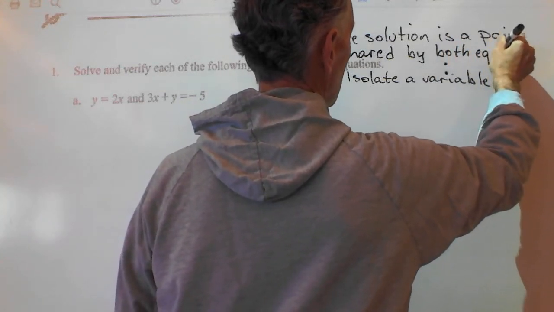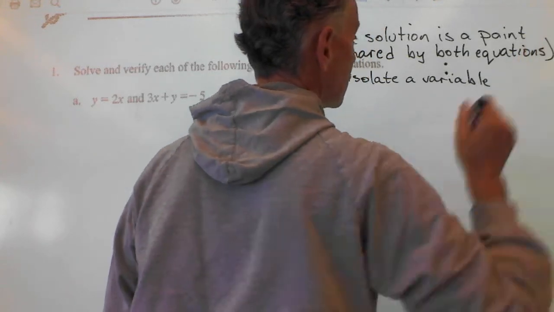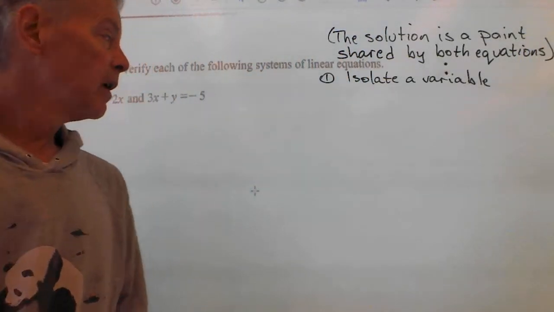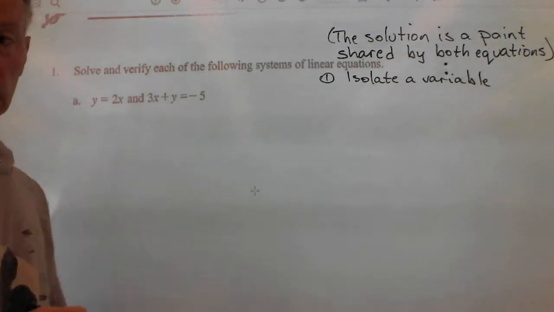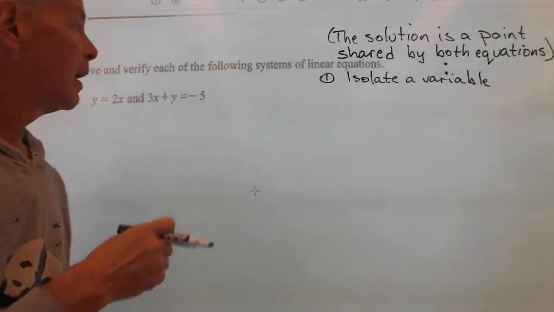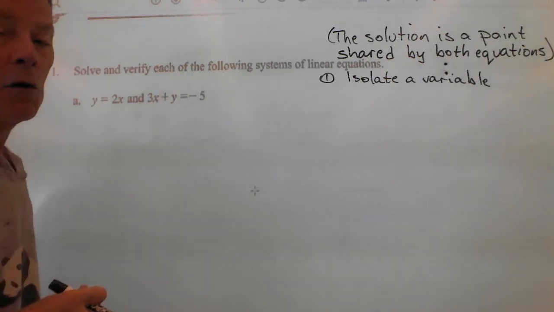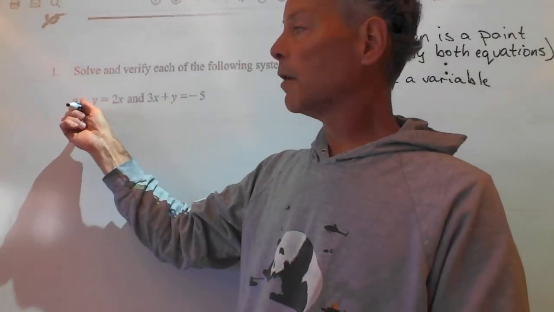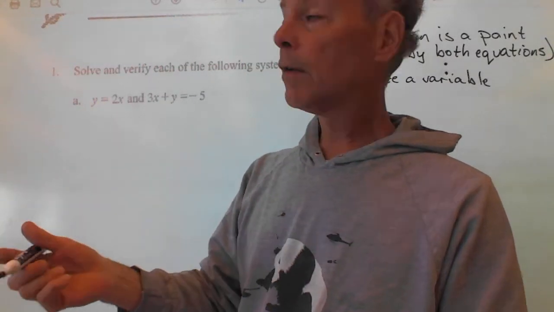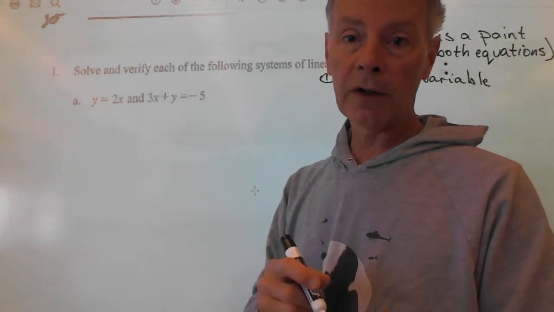And that's very important because it means whatever value y equals, it's the same value as the y value in the other equation. So if we find that the y value in the first equation is 6, then we know that the y value in the second equation is also 6.